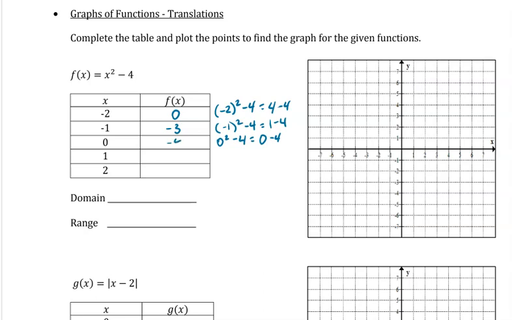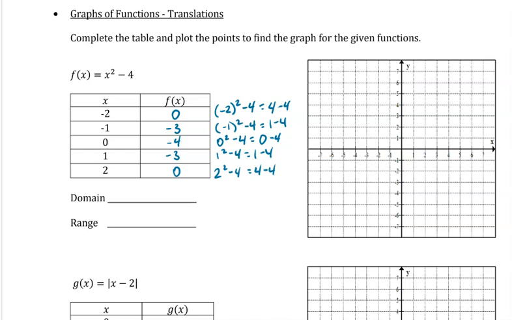So 0 minus 4 is negative 4. 1 squared minus 4 is 1 minus 4 again, which is negative 3. And 2 squared minus 4 is 4 minus 4, so that's 0.